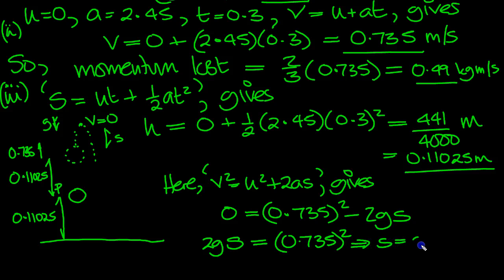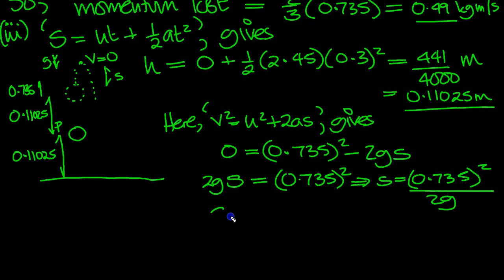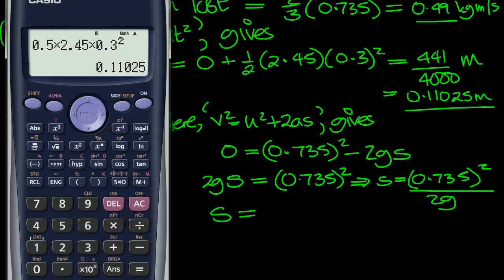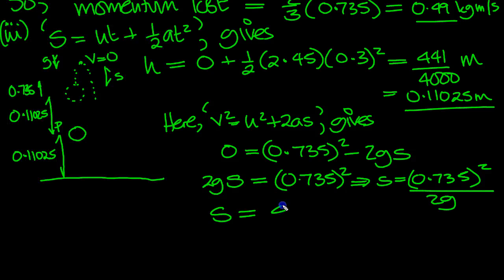And that tells us that s is equal to 0.735 squared divided by bracket 2 times g, 9.8. 441 over 16,000. I'm going to leave it as a fraction because it's easier to handle.